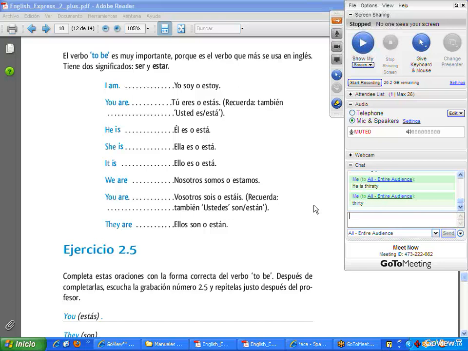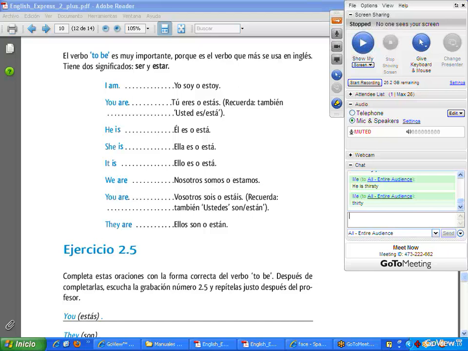Or hace mucho frío. We say it is very cold. It's very cold.